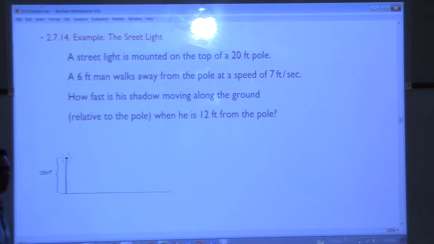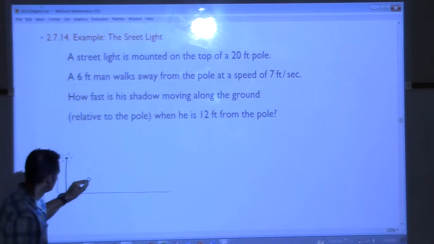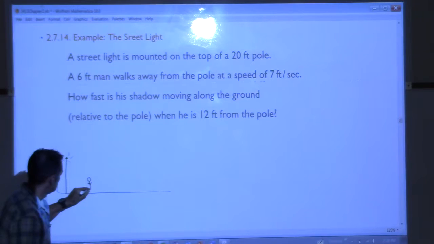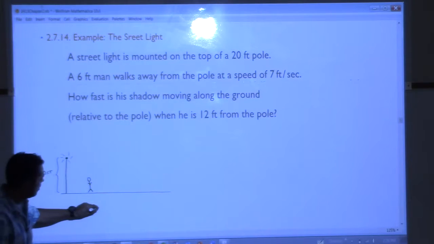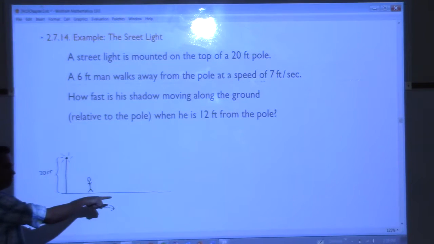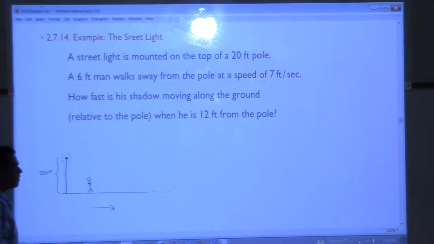And then I have a man who's walking away from the pole. The man is 6 foot tall. That shouldn't change either, right? So here's my man. Impressive. 6 foot. Close enough. He's walking away from the pole. Now, can you visualize what his shadow looks like?